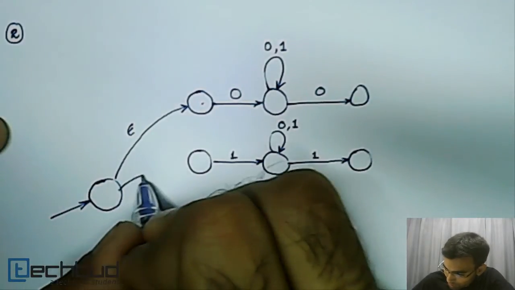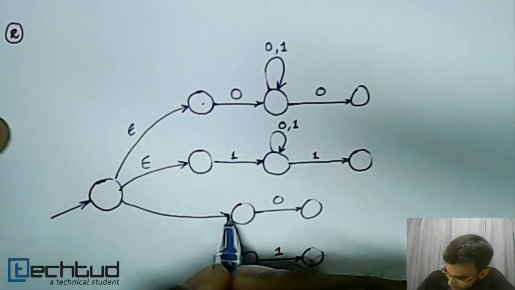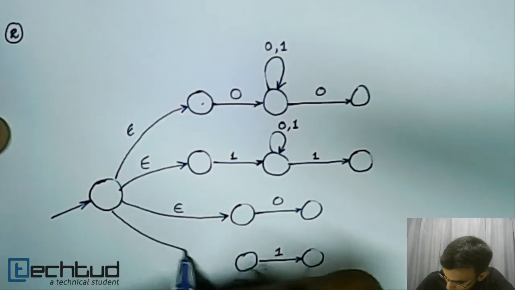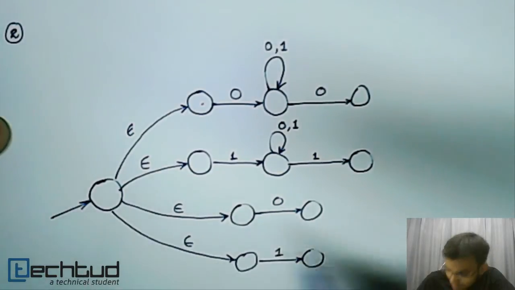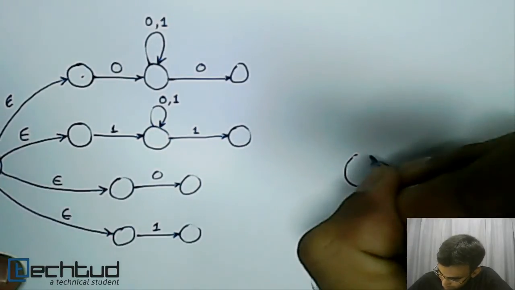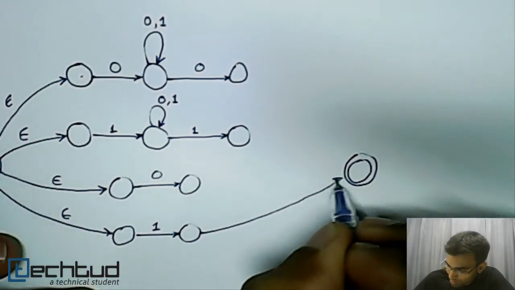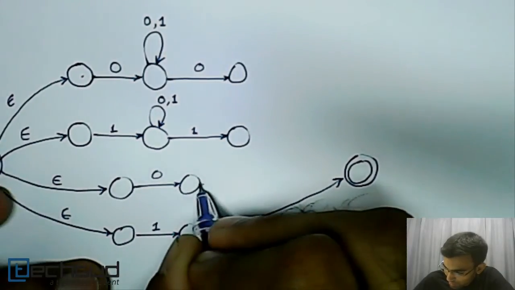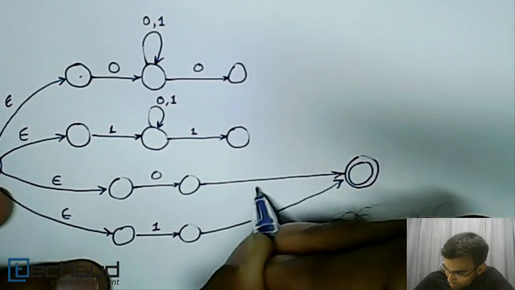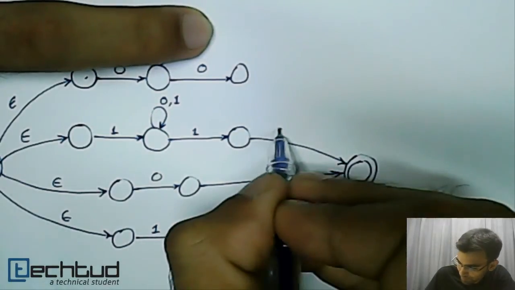This is a component of the union, another component with start state, and so on. Similarly, I have a dummy final state, and I have epsilon transitions to the dummy final state from the final states of each component automaton.